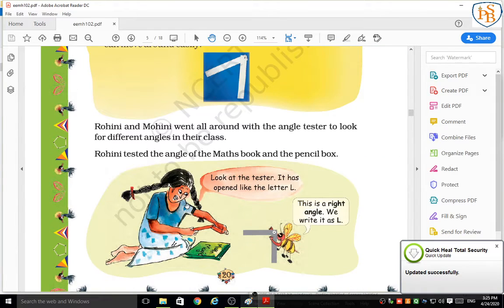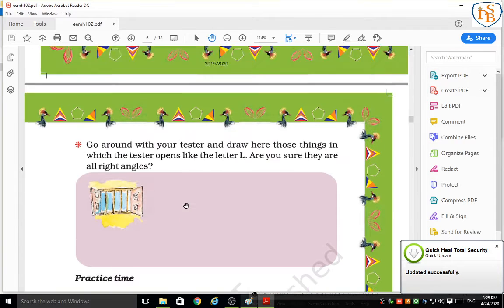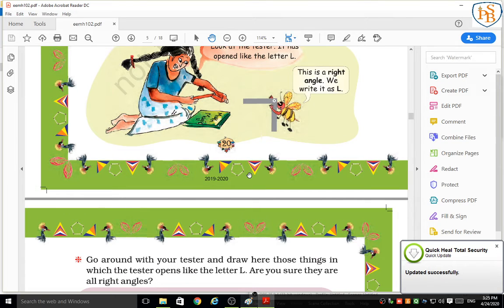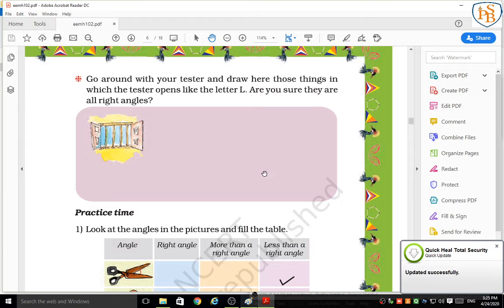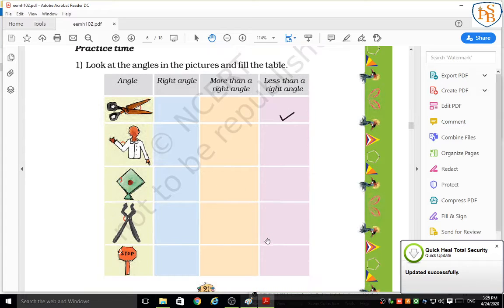So we will start our topic. After making an angle tester, we also measured different angles around us. Then we solved some pictures, measuring the angles in them: which picture has a right angle, which has more than a right angle, and which has less than a right angle.